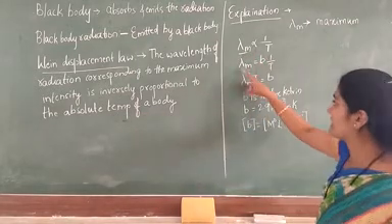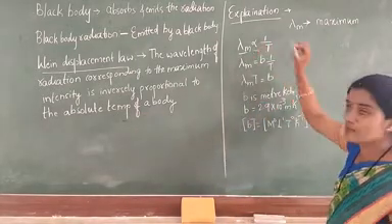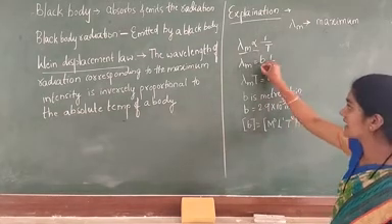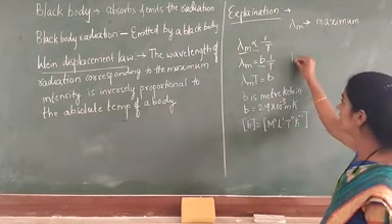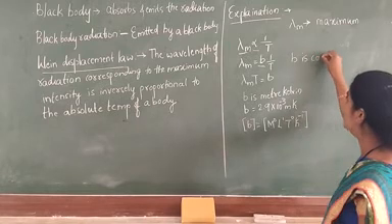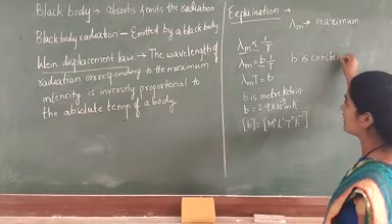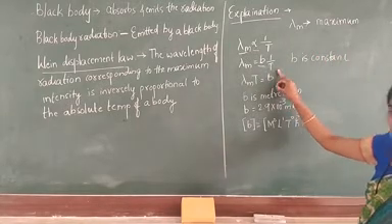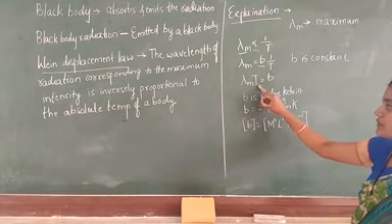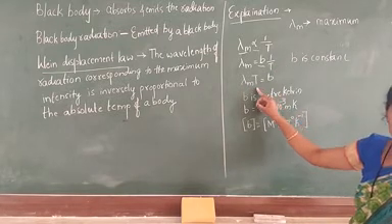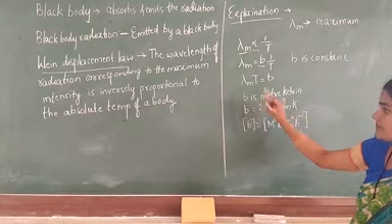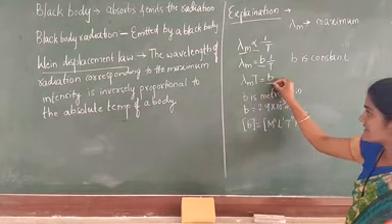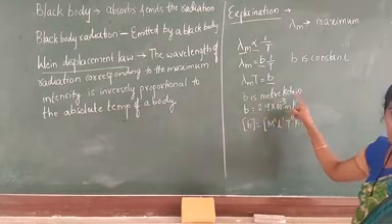Now lambda M is inversely proportional to 1 by T. We are taking the constant term b. So lambda M is equal to b into 1 by T, or lambda M into T is equal to b, where T means the temperature. The SI unit of the small b is meter Kelvin.